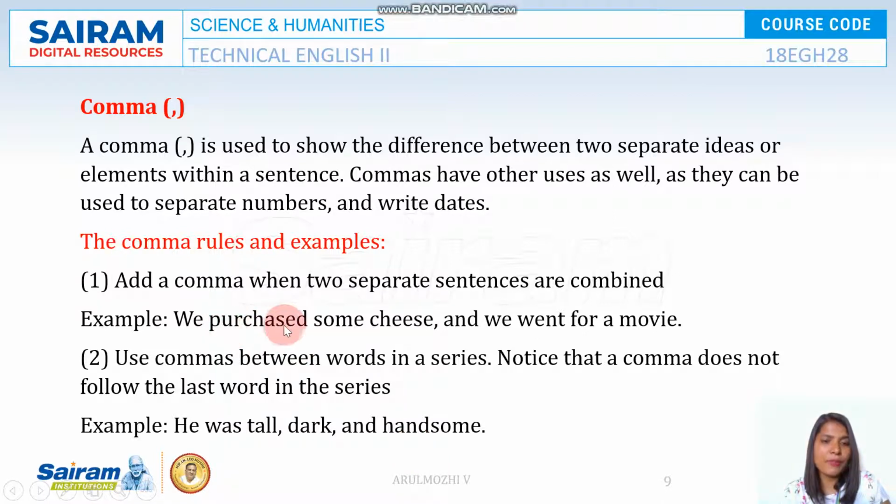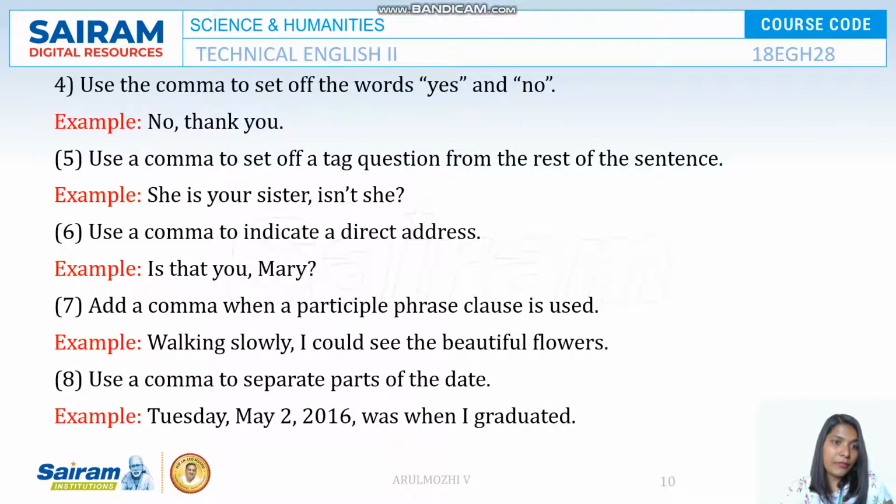Take for example, we purchased some cheese, and we went for a movie. So it helps to divide two clauses. And then whenever we say yes or no, after that we have to place a comma. Okay, no, thank you. Yes, I want.